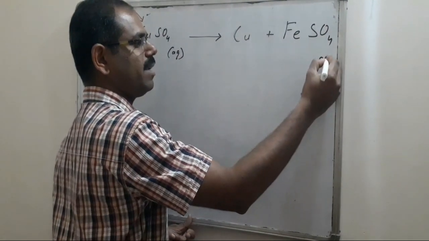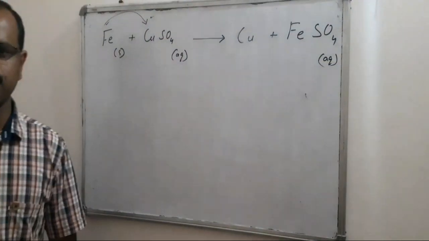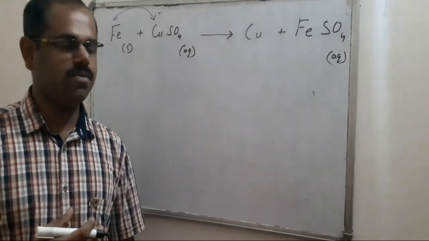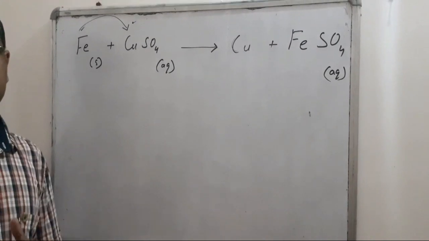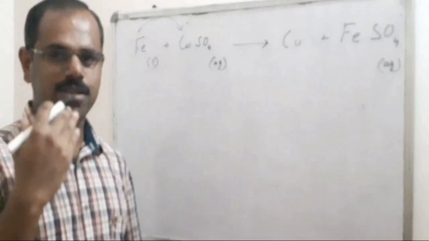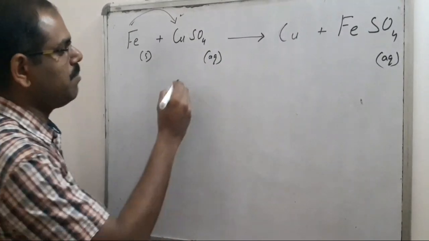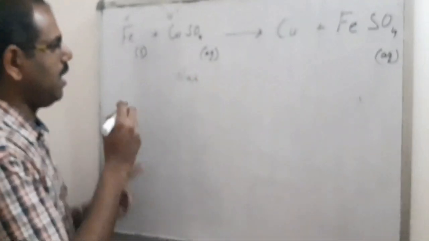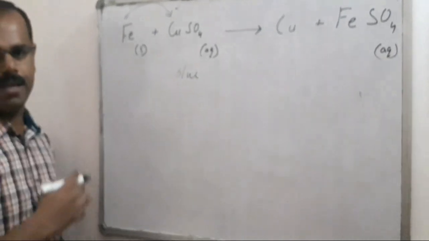It is a liquid solution form. Okay, rather we say it is a solution. FeSO4 solution, ferrous sulfate solution. And see, the question comes as what is the observation here? Okay, you may be asked to write the observation. Copper sulfate is a blue color solution and iron is grayish black.